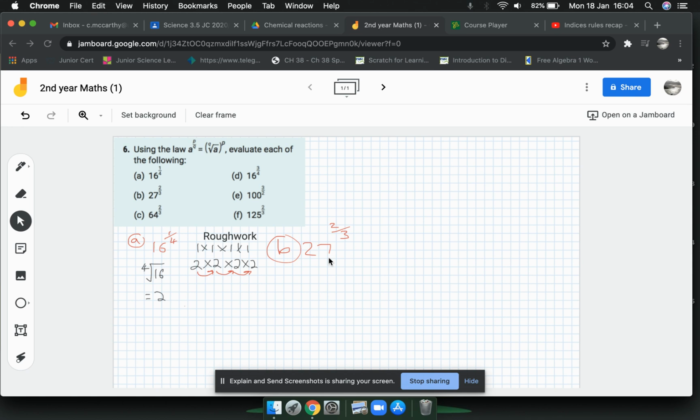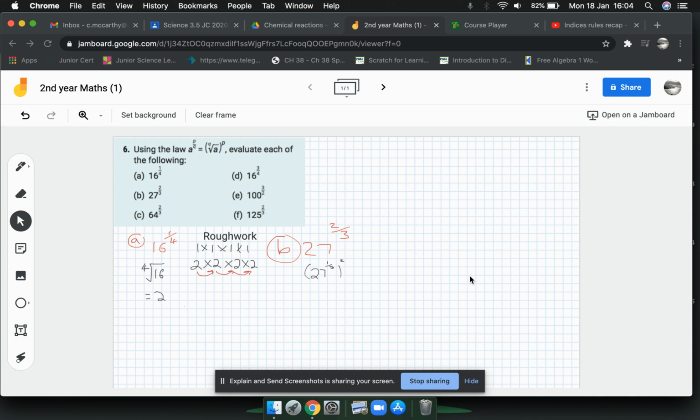I'm going to write down 27 to the power of a third. Now I can't just magically make that into 2/3, but what I can do is, on the outside of that bracket, write down that it is 27 to the power of a third, squared.